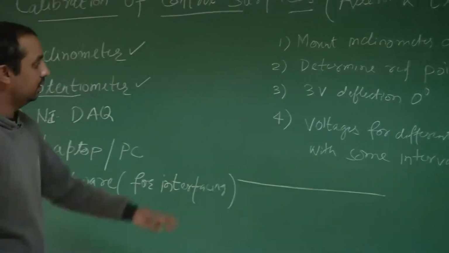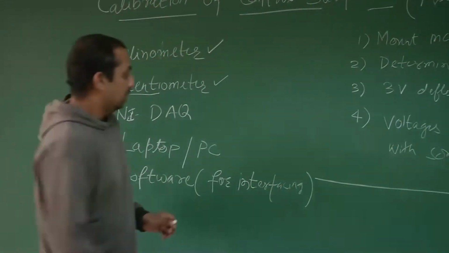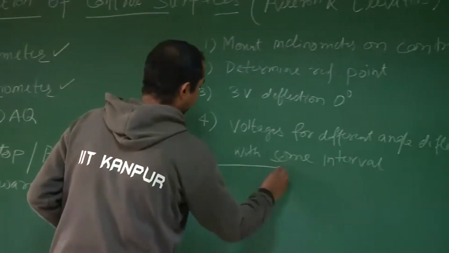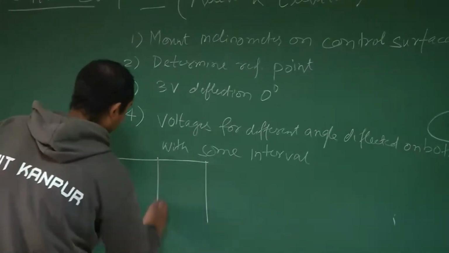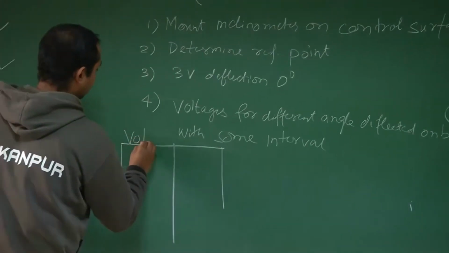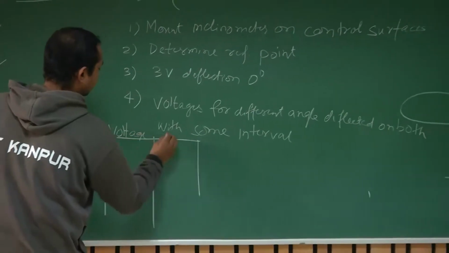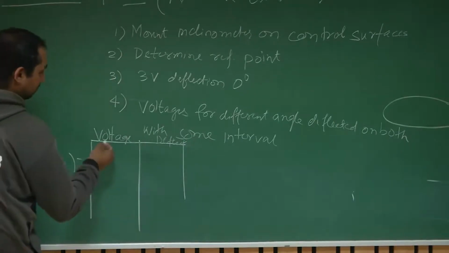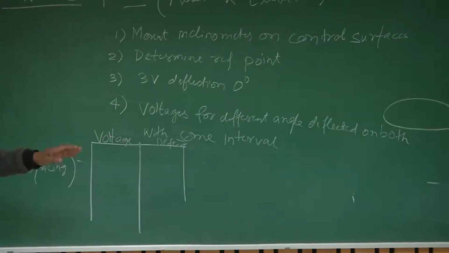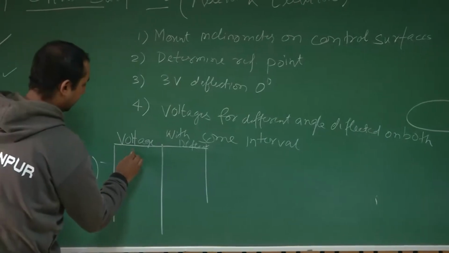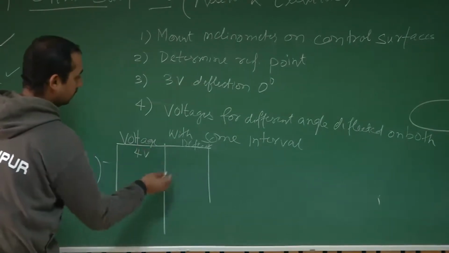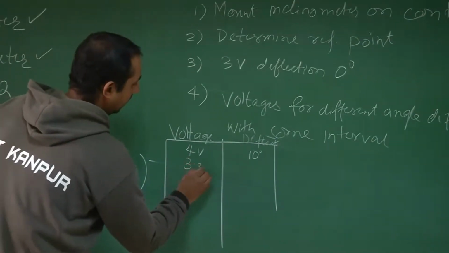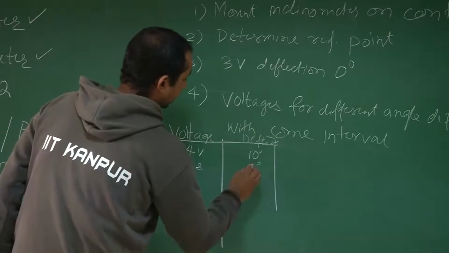After performing these steps, you will get a chart of voltage and deflection. So, for instance, for positive deflection, suppose I get a voltage of 4 volts with a deflection of 10 degrees and 3.8 with a deflection of 9 degrees.